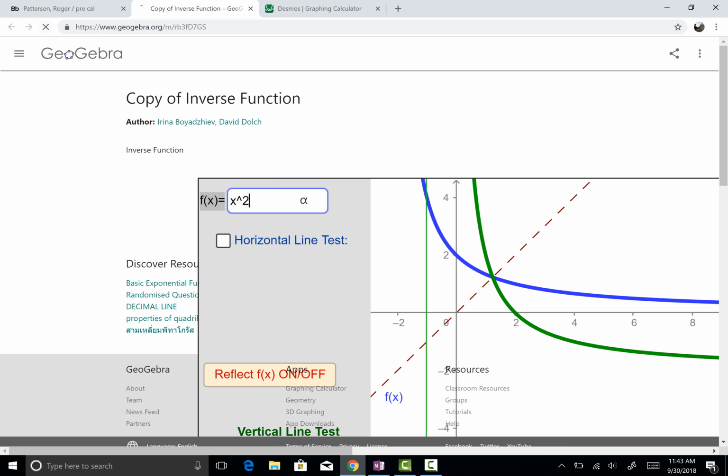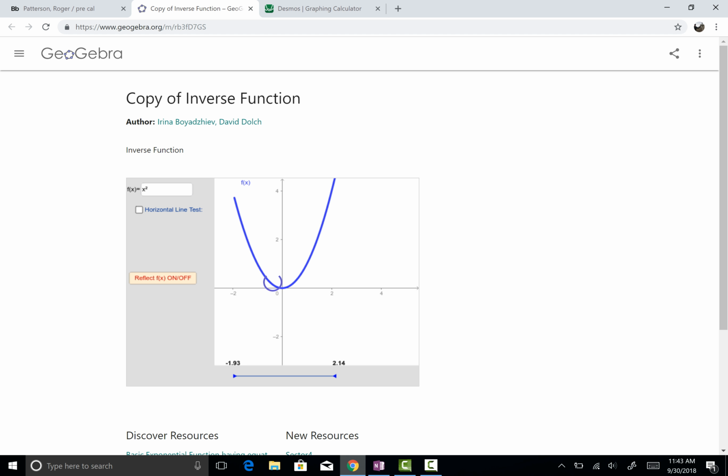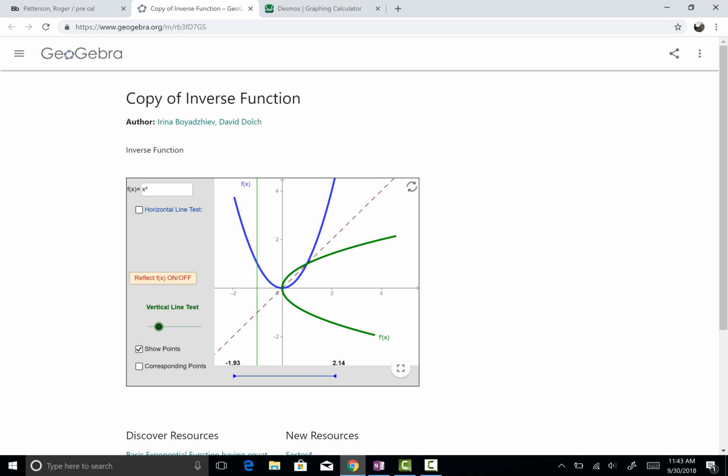I think I'm just going to refresh it, actually. There's that, right? I have the green function.